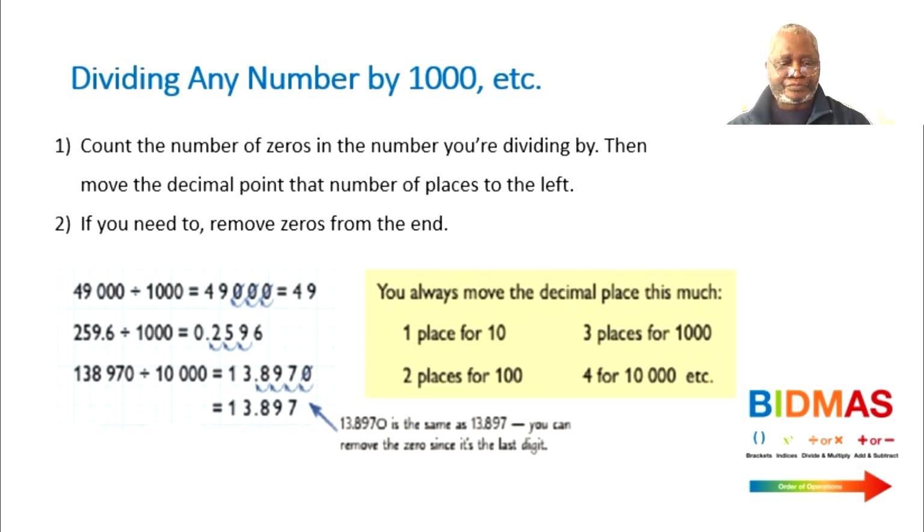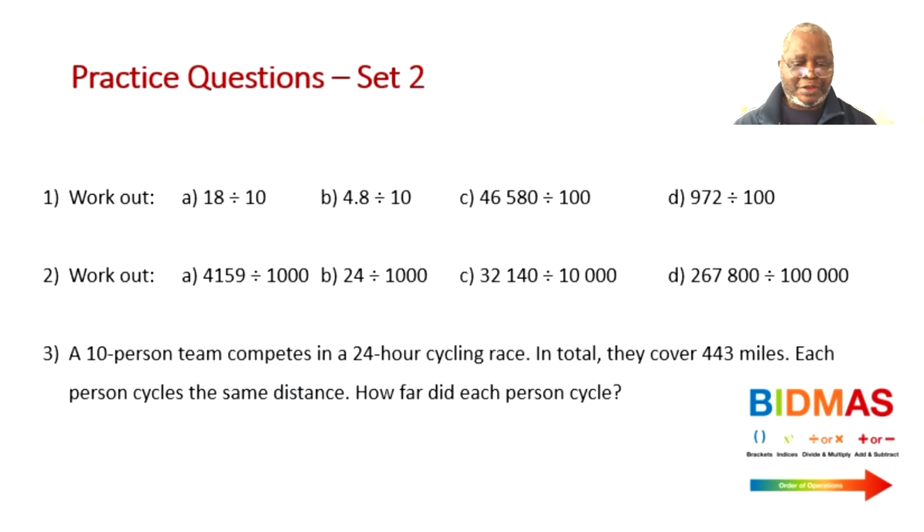Got it? And here are your practice questions. Again, you've got questions 1 and 2, A, B, C, D for each, dealing with big numbers, just so that you become familiar with the number of places you should move your decimal points. And then question 3, an exam type question, which you have to think a little bit about.